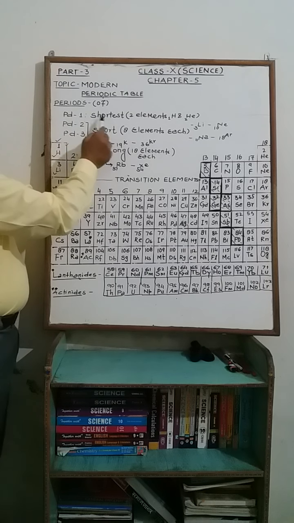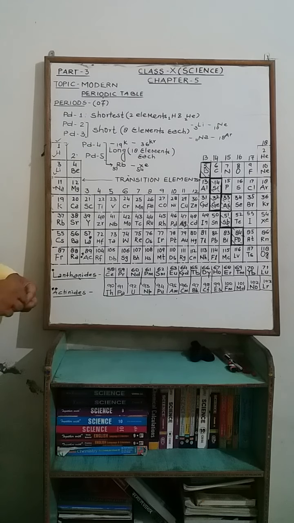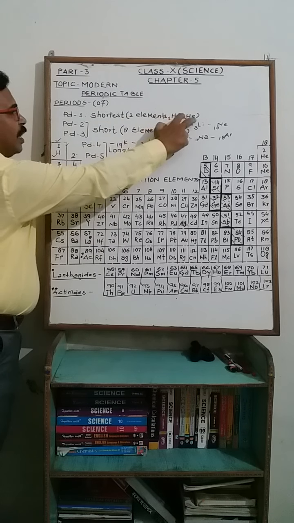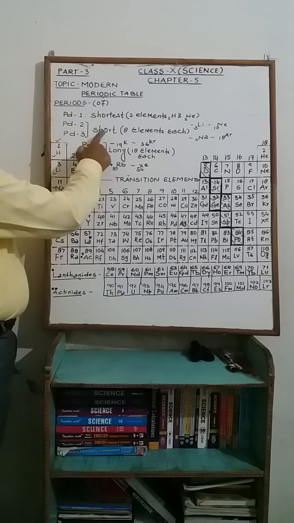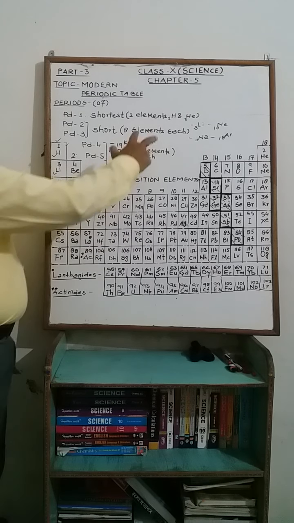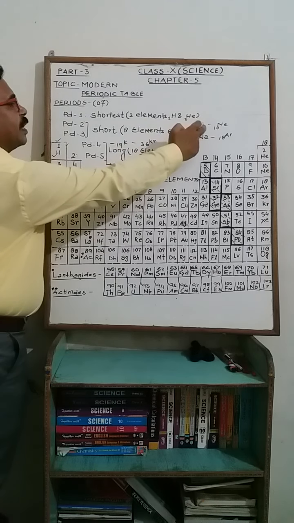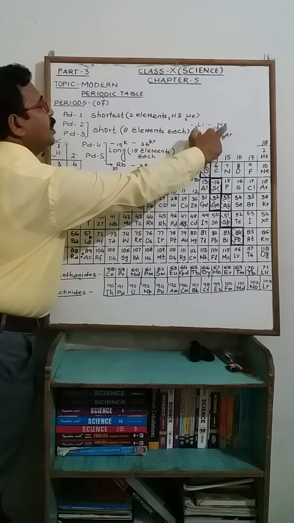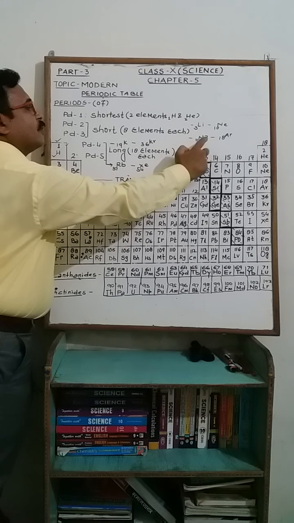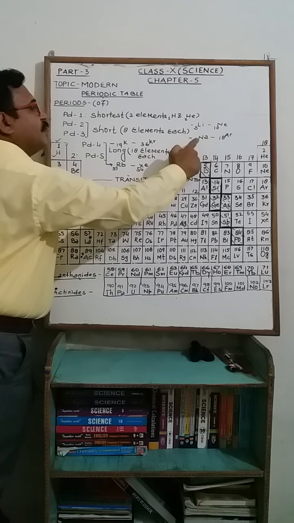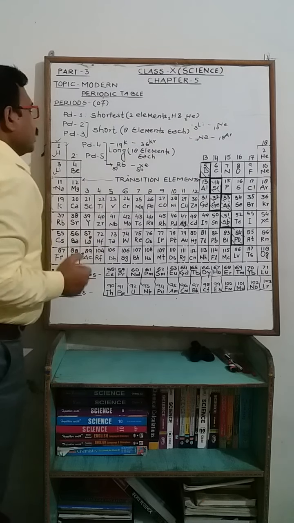So period 1 is the shortest period, having only two elements, hydrogen and helium. Period 2 and period 3 are known as the short periods, having 8 elements each. Second period, lithium up to neon with atomic number 3 to 10, and period 3, sodium up to argon with atomic number 11 to 18.